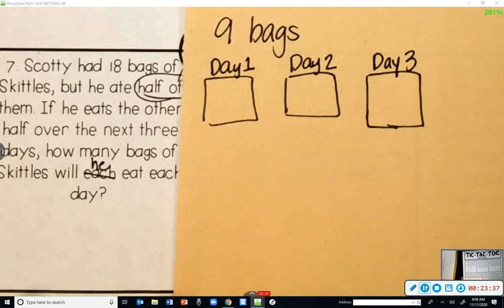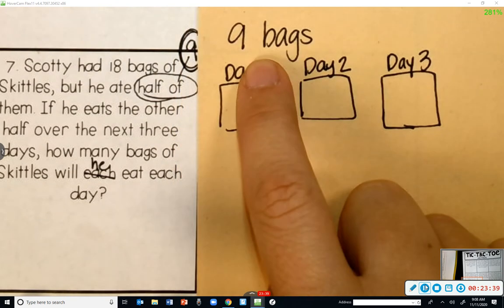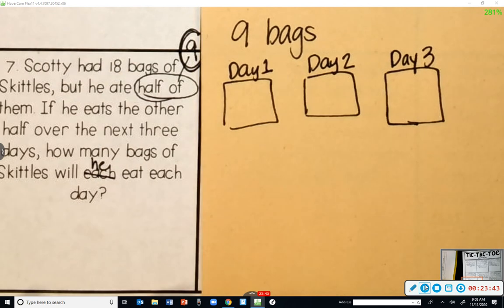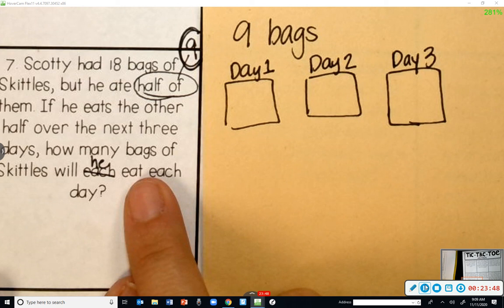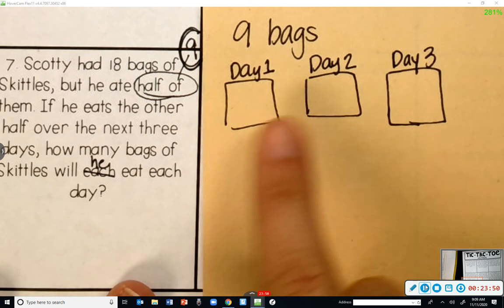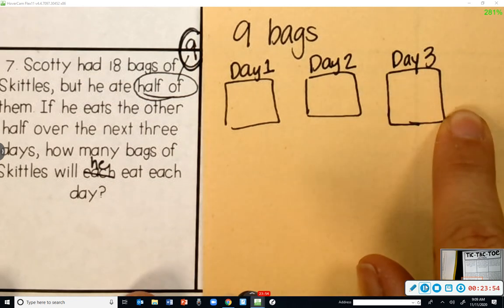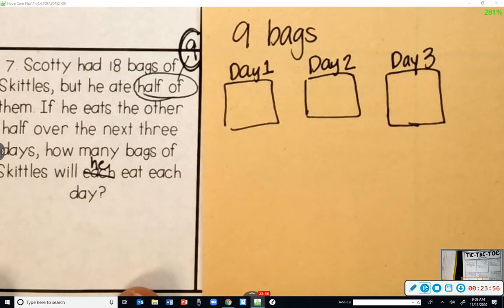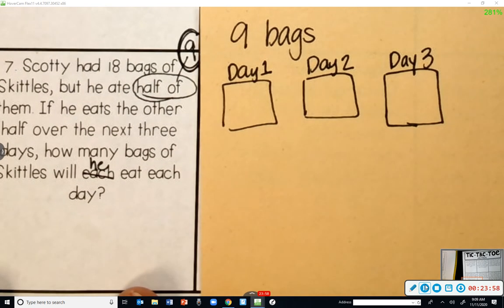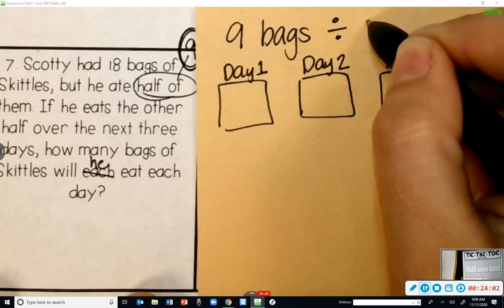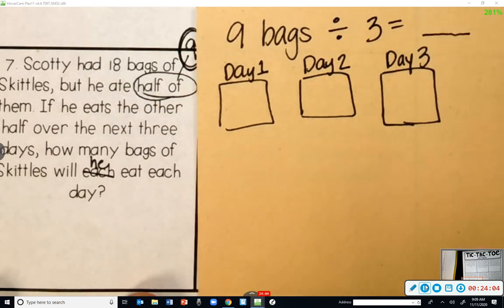Okay? Now my teacher said I need 9 bags because that's half of 18. So I need to think again. How many bags of Skittles can I eat each day? So what am I doing each day? Adding. Nope. Dividing. I'm taking 9 bags and splitting it up among the 3 days.